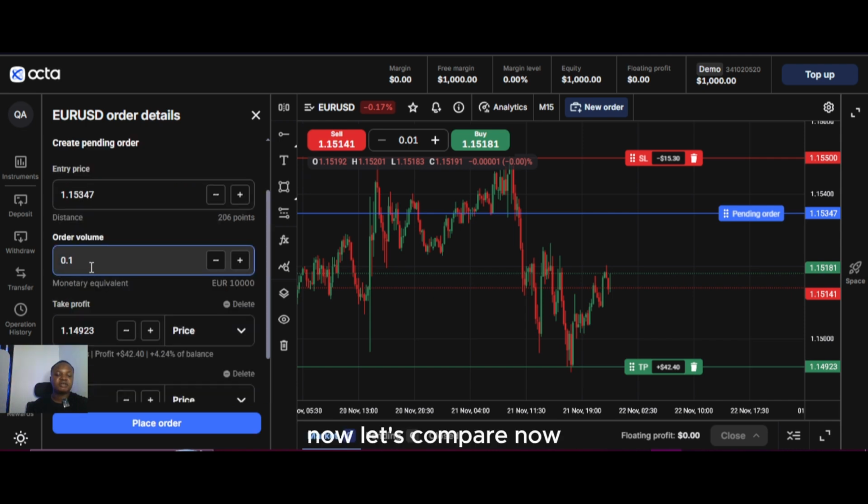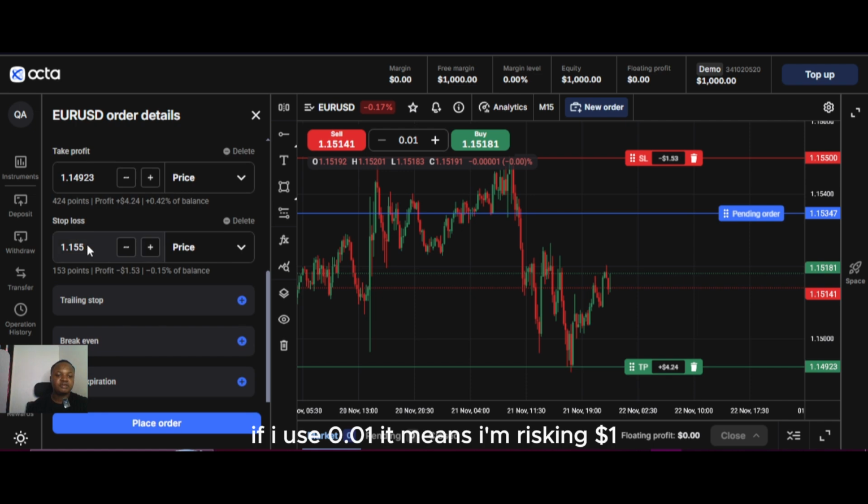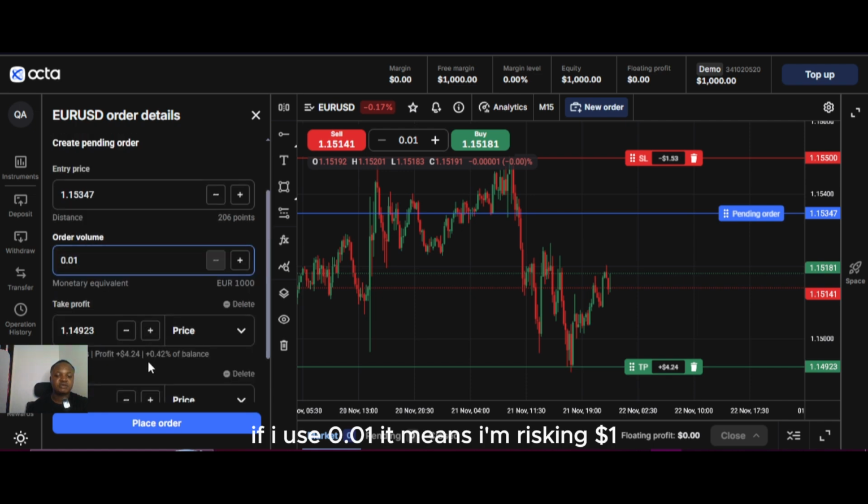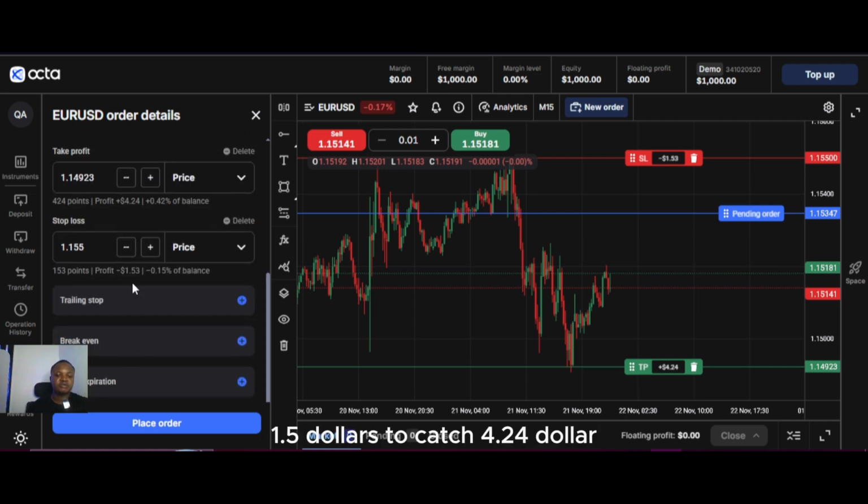Now let's compare this to a micro lot size, 0.01. If I use 0.01, it means I'm risking $1.5 to catch $4.24. But I think that is just too small for this kind of account.